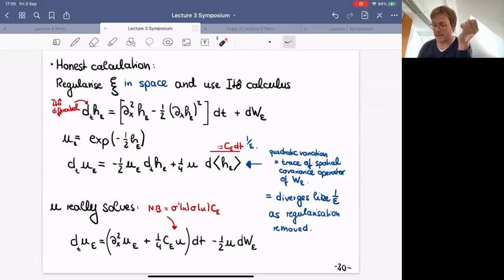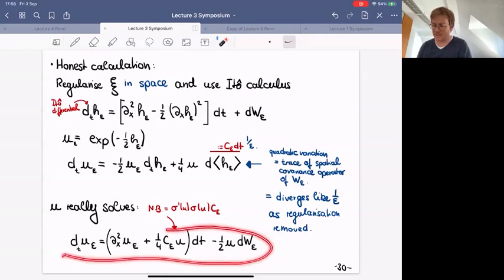But as you have the Ito formula, you have an extra term, and this is just a quarter times u times the quadratic variation of this dW, and this is just the covariance operator evaluated on the diagonal. And this is an approximate delta, so this actually diverges like 1/epsilon. Okay, so this thing actually diverges. So if you did this calculation like that, then you would come up with this stochastic heat equation with this extra term.